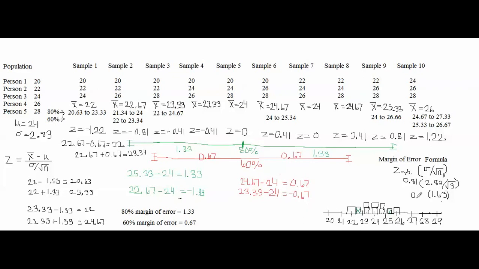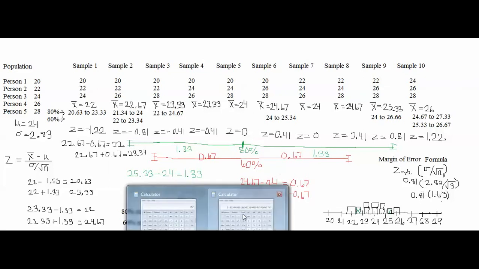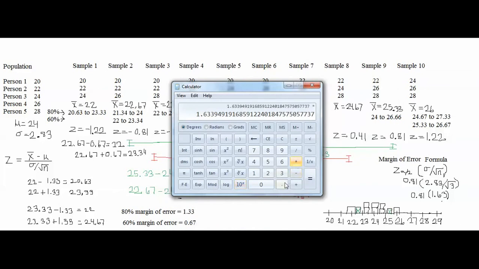Times the confidence coefficient of 0.81. Multiply these two numbers together as our last step. And we get 1.323, which is about 1.33.